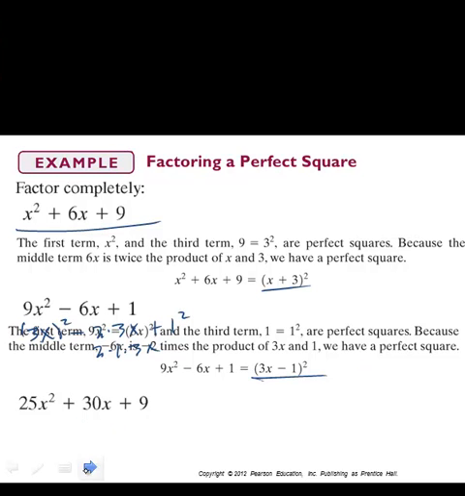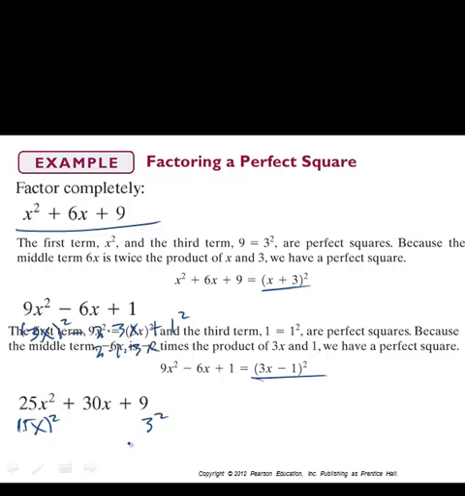All right, let's look at this last one, 25x squared plus 9 on the back end plus a 30x in the middle. Now the 5x quantity squared, and then you have a 3 squared on the back end.